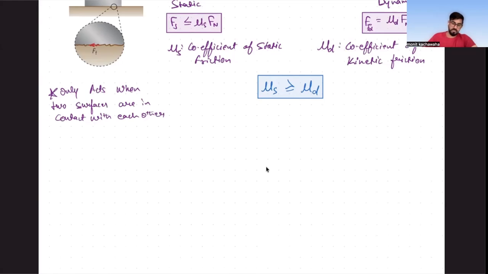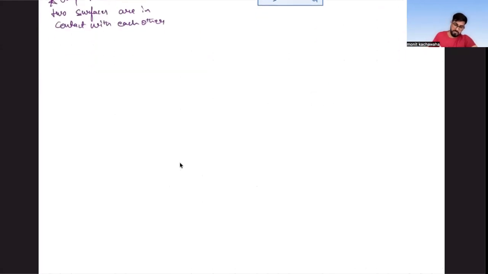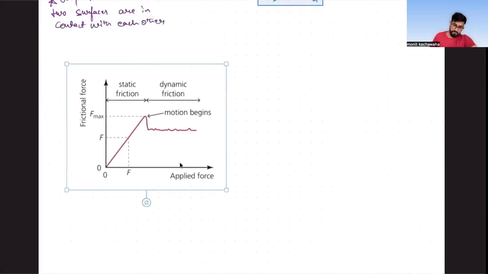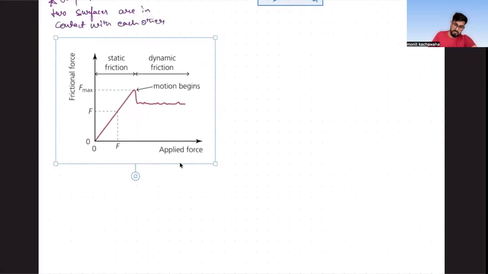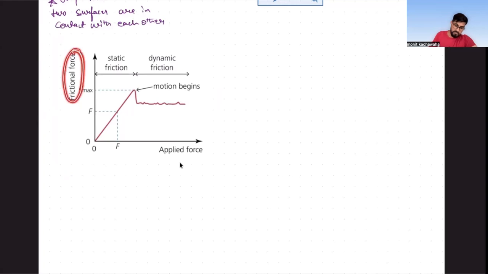Okay. Now, just observe this graph carefully. This is friction force on the y-axis and applied force on the x-axis. You can see that if I'm applying a force, the friction force is continuously increasing.